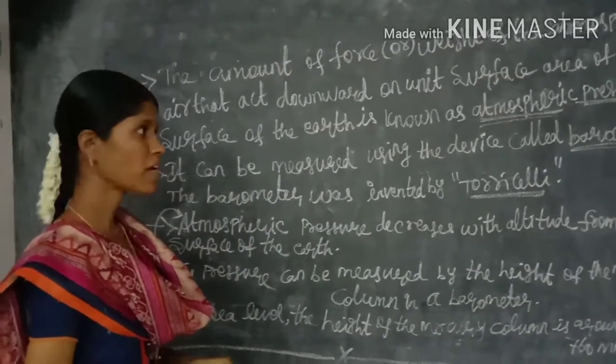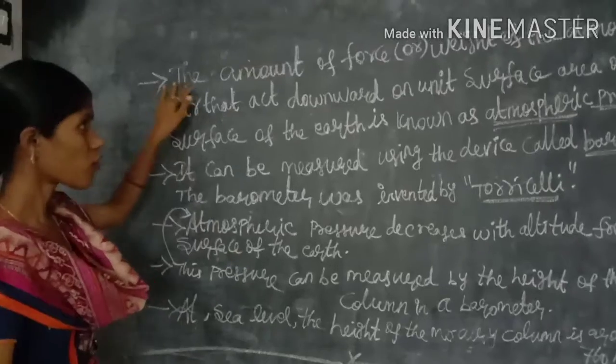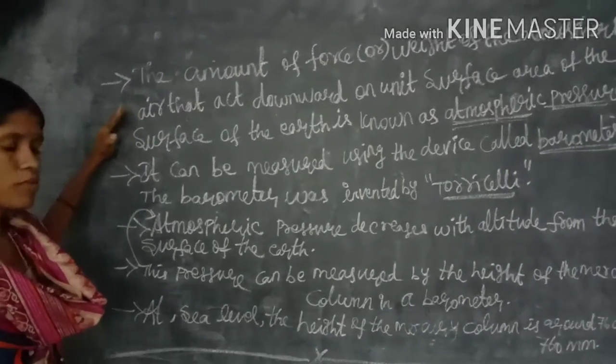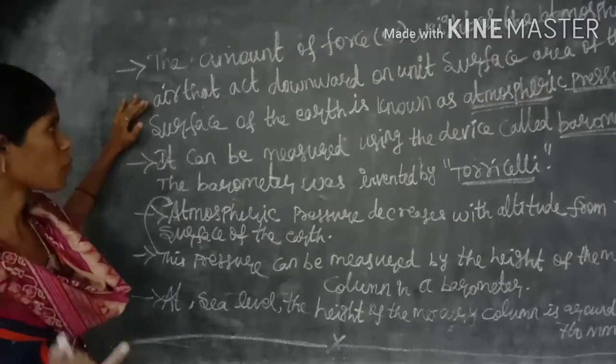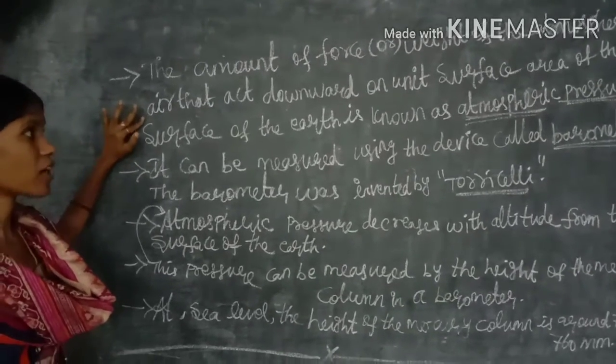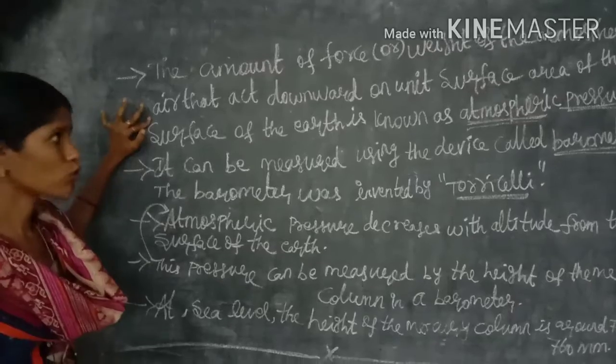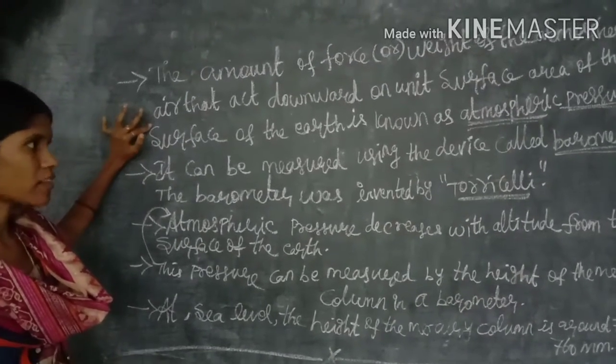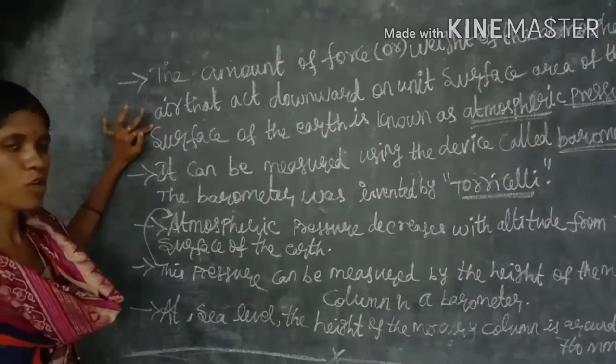What is meant by atmospheric pressure? The amount of force or weight of the atmospheric air that acts downward on the unit surface area of the surface of the earth is known as atmospheric pressure.